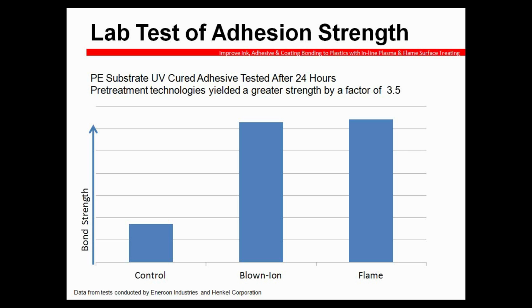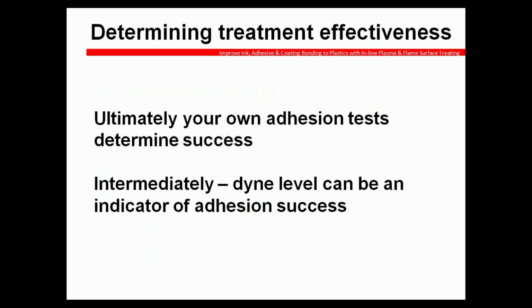When we used our blown ion and flame treating technologies on that polyethylene substrate, we saw a factor of 3.5 times increase in adhesion strength after 24 hours. So it's a pretty significant increase in using plasma treatment with your process.